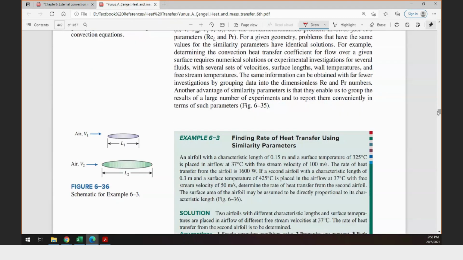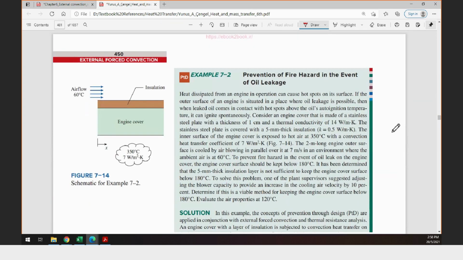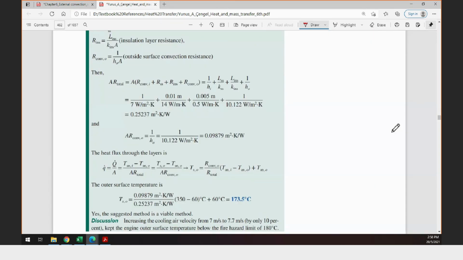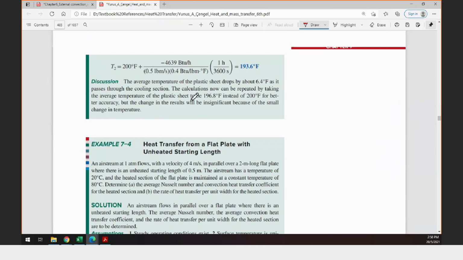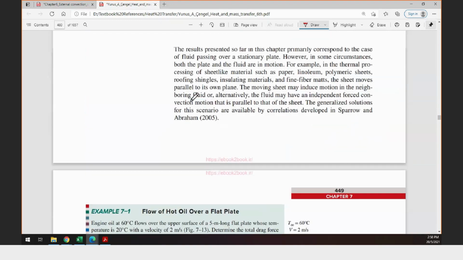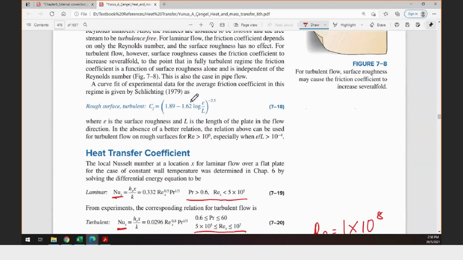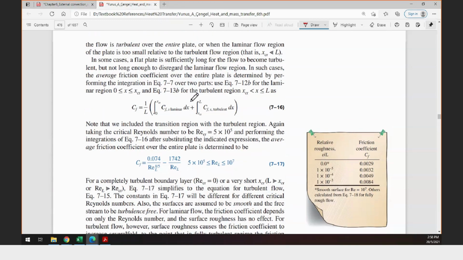It's a bit difficult because I have to scroll. Okay, this one. You need to find the convection friction coefficient: friction coefficient, laminar, entire plate.